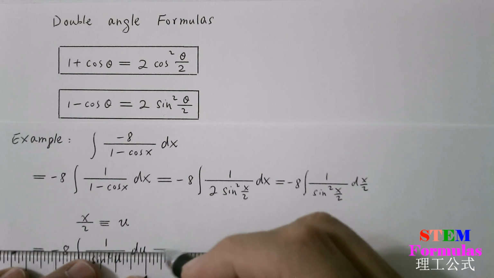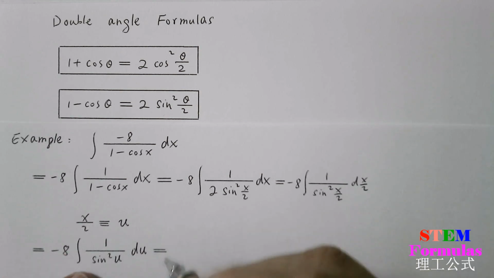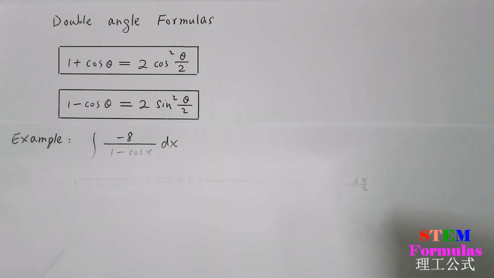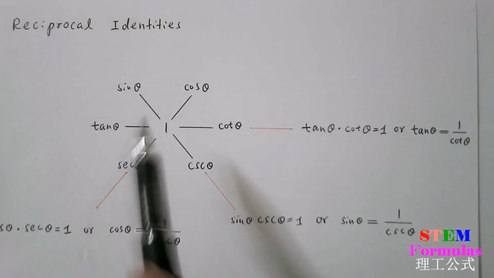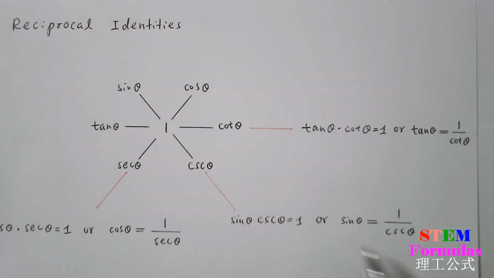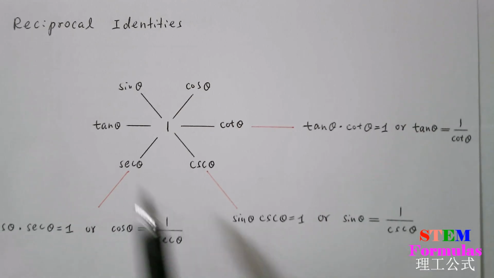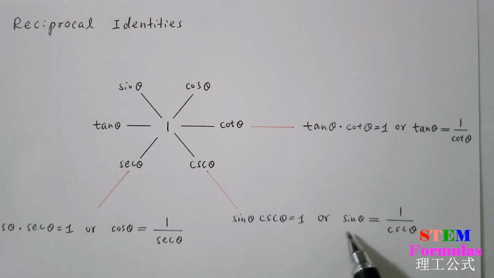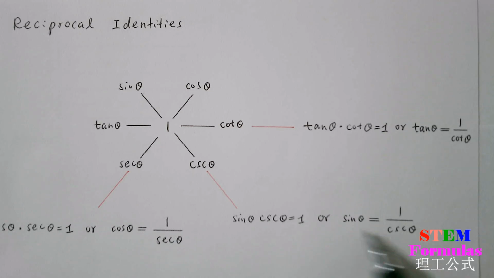And remember, 1 over sine equals cosecant, because sine and cosecant are inverse to each other.